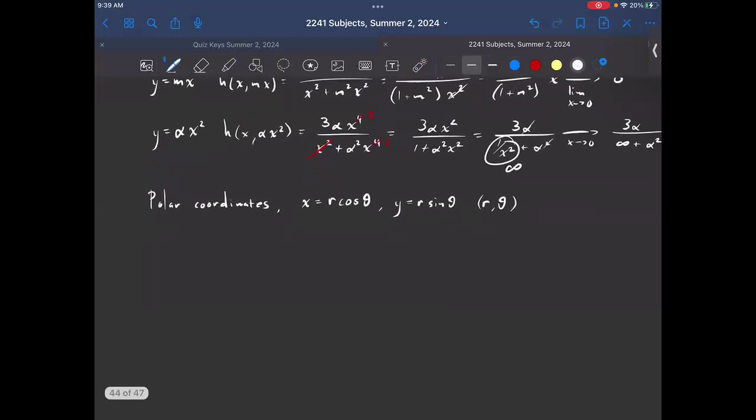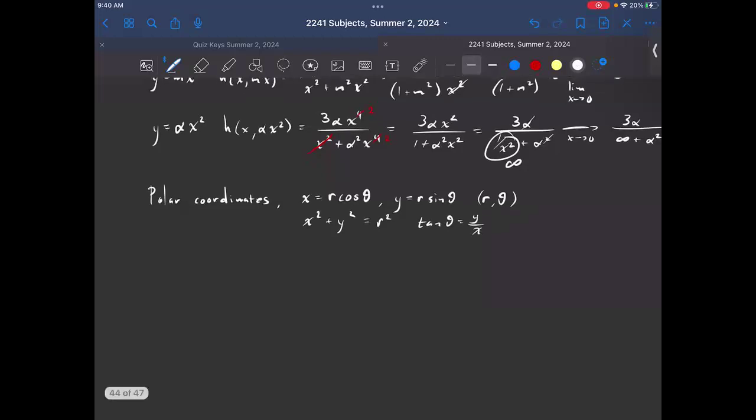If I substitute these in, I also have that x squared plus y squared equals r squared. That's sometimes useful. And the other one is that tangent of theta equals y over x. So now I have some equations that allow me to go back and forth between r and theta, and x and y.